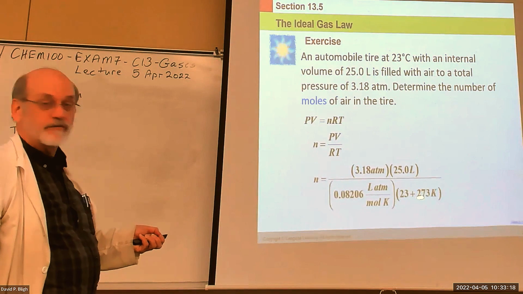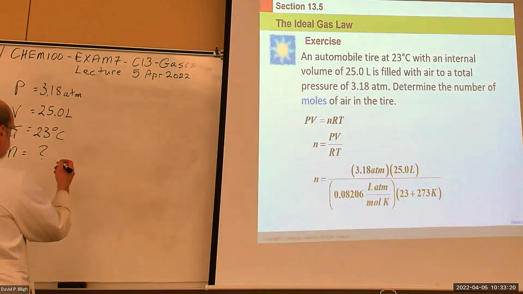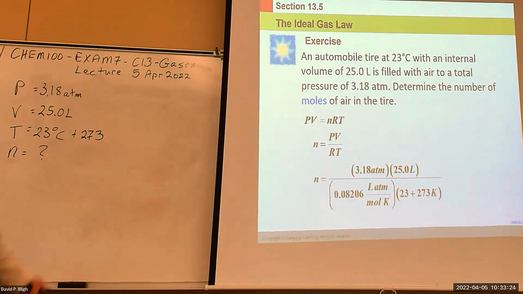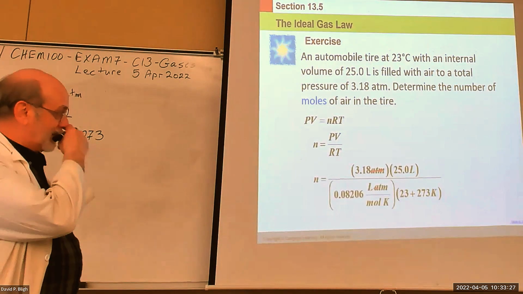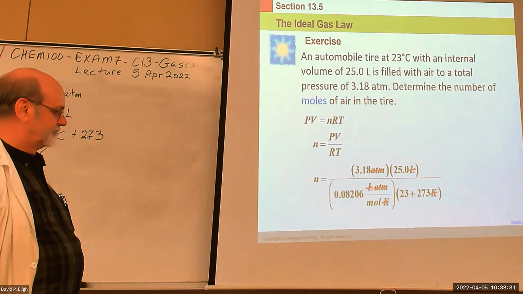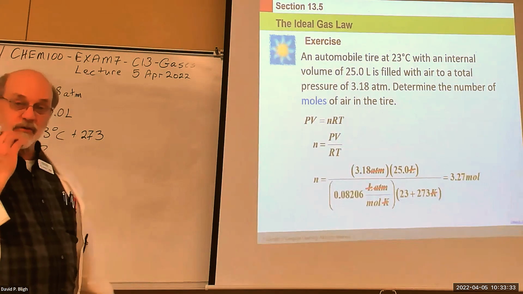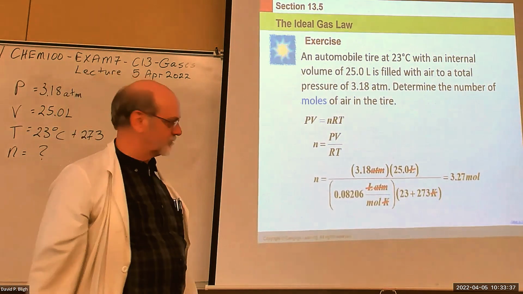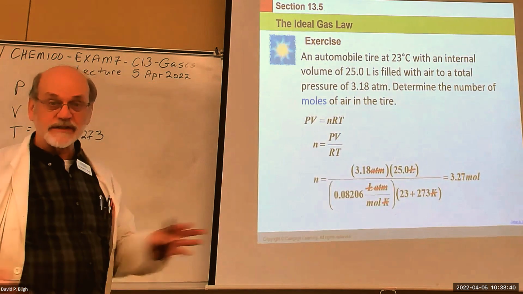K. We have to convert the temperature to K. So we would say plus 273. And then solve for moles. Okay. 3.27 moles of gas is in that tire. And it doesn't matter what the gas is.